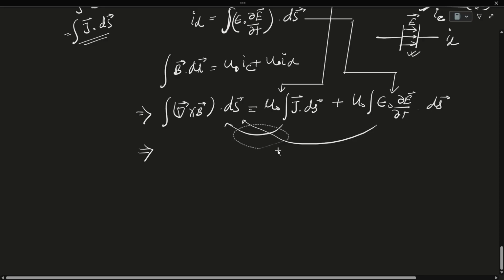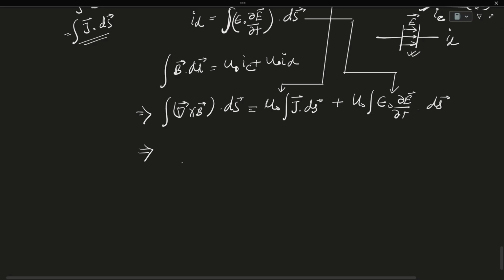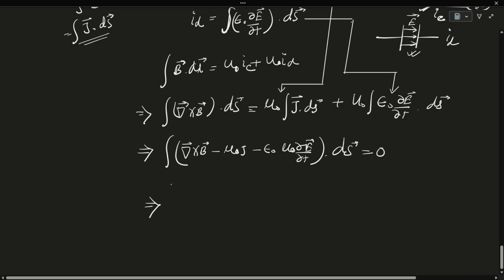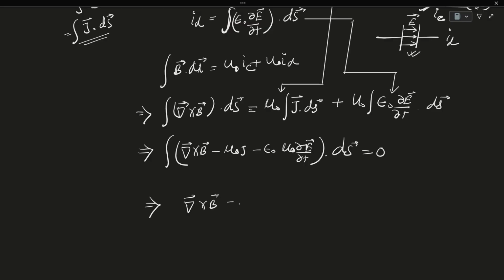So I can write del cross B minus mu naught J minus epsilon naught mu naught del E by del t, dot ds, equals 0. Now I can write del cross B minus mu naught J, same argument, all these are the same argument.